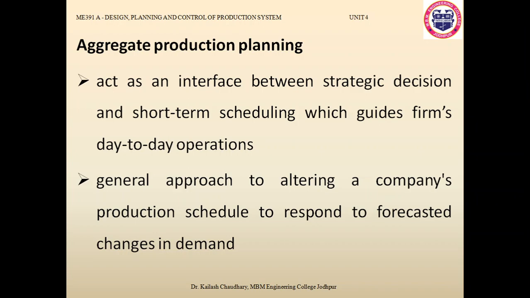It's a general approach to altering a company's production schedule to respond to forecasted changes in demand. So suppose you are getting a variation in your forecasted demand, you can easily make changes in your system so that you can meet your demand and supply chain within the given constraints.